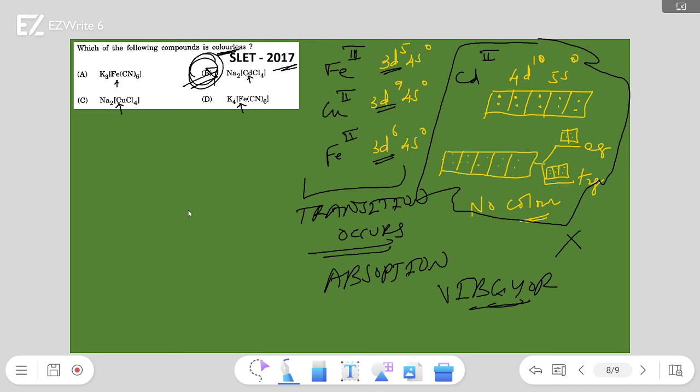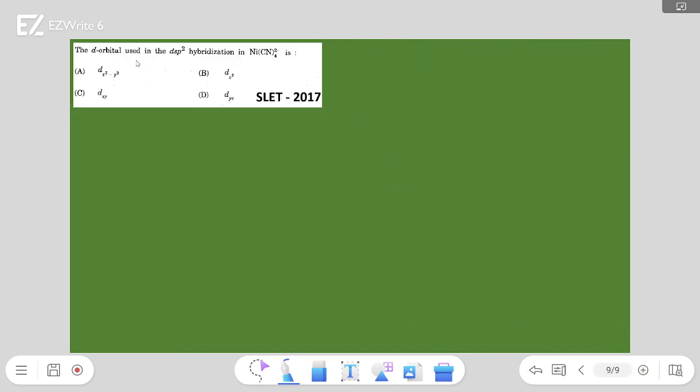Just think in a particular direction of your undergrad and postgraduate studies along with your plus 2 basics. I am confident that we would be able to clear the exams. Next one. The d orbital used in the dsp2 hybridization is, always remember friends, when there is a dsp2 hybridization and you have Ni(CN)4 2 minus or any such molecules, your main focus will be dsp2, and the geometry related to dsp2 is always found to be square planar.